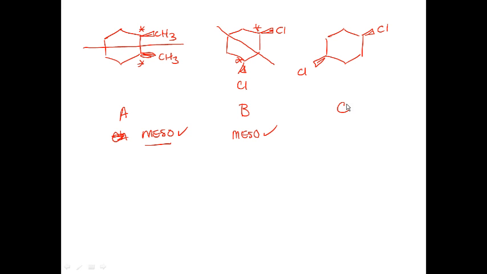How about C? Is C meso? C is not meso, because the mirror plane cuts through the two carbons, and so therefore it has no chiral carbons, and the basic definition of a meso compound is you have to have at least two chiral centers. C has none, therefore C is not meso.